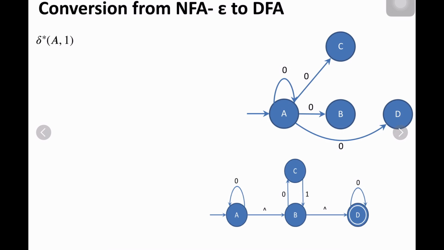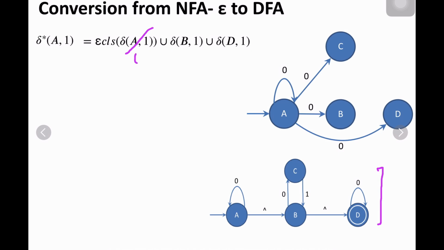Delta star of A comma 1. Look at the given transition diagram. Because the E-closure of A, you already know, is ABD. A on 1, there is no transition at all.